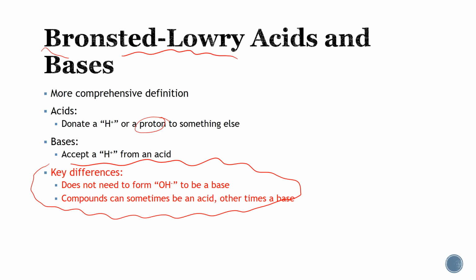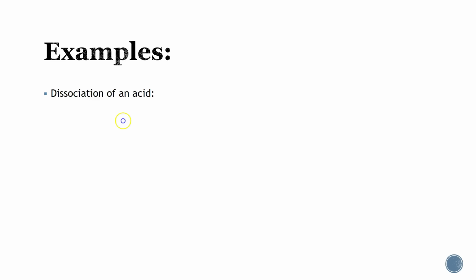So let's look at some examples of how the Bronsted-Lowry definition works. Let's say I have the dissociation of an acid, hydrochloric acid. Instead of just writing HCl aqueous, I'm going to say I'm adding hydrogen chloride to water.